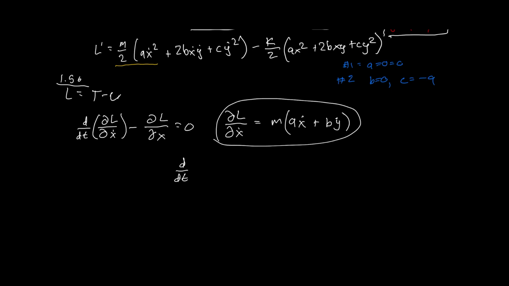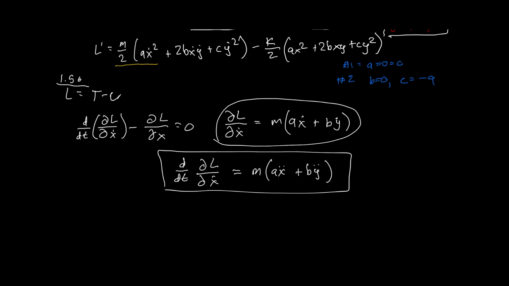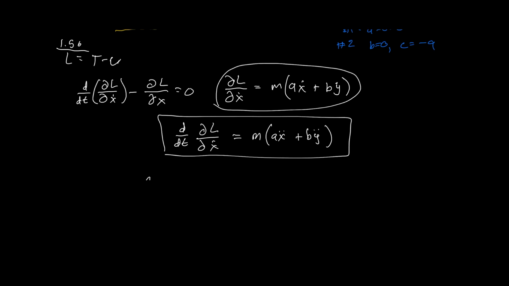That's pretty easy. We're just going to get m times a x double dot plus b y double dot. And that's our first one. Now we're going to go into our partial of L with respect to x.